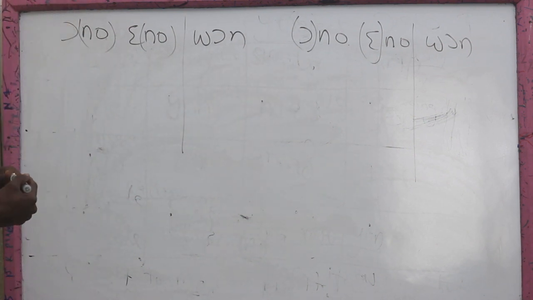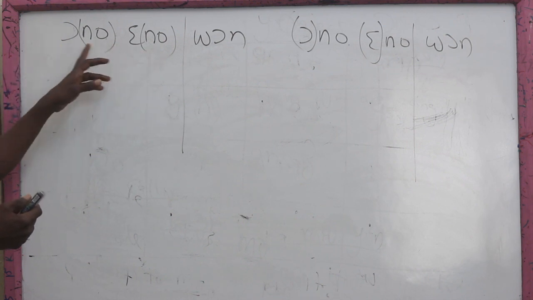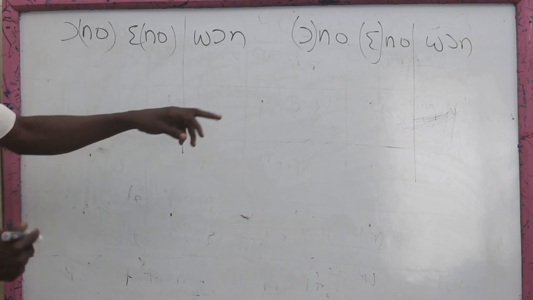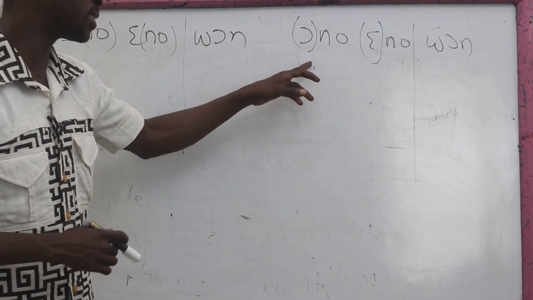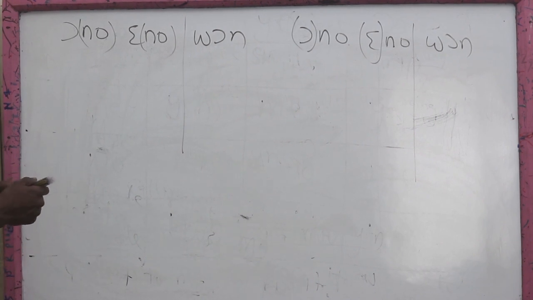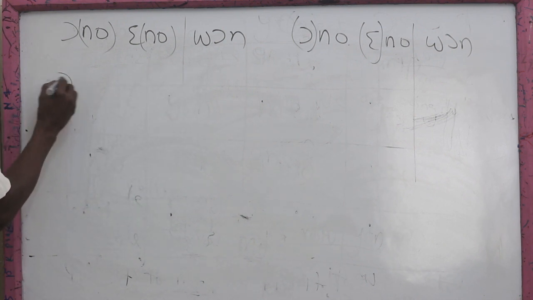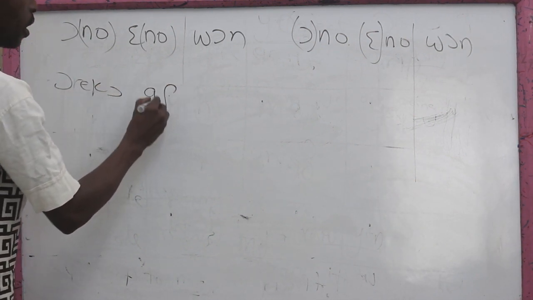You see, with the subject, the o and the e are outside, while the no are placed in parentheses. But with the object, the o and the e are placed in parentheses, and the no is left alone. The reason is that, let me just give examples to explain. Oko efuom.